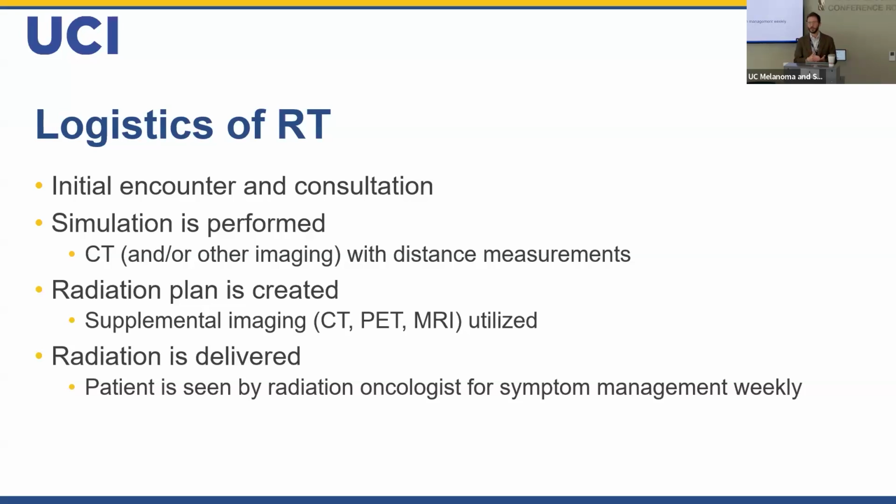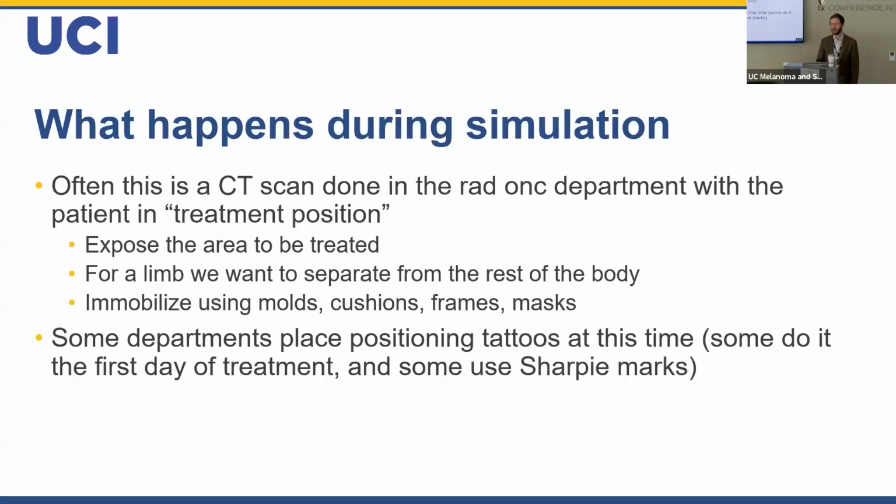During delivery, we usually break up radiation treatment into multiple days that can last days or weeks. And throughout that time, we will meet patients, discuss any symptoms they are having, any side effects that they're having from radiation treatment.